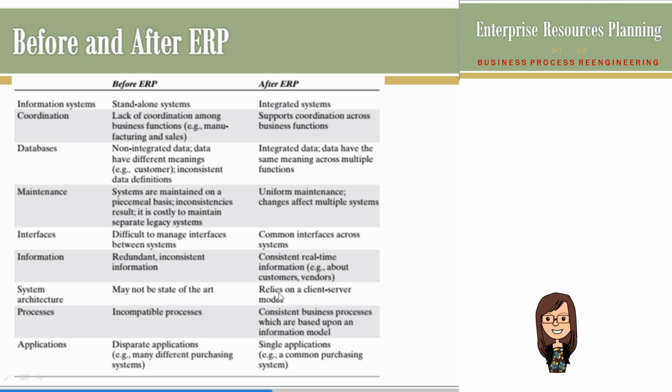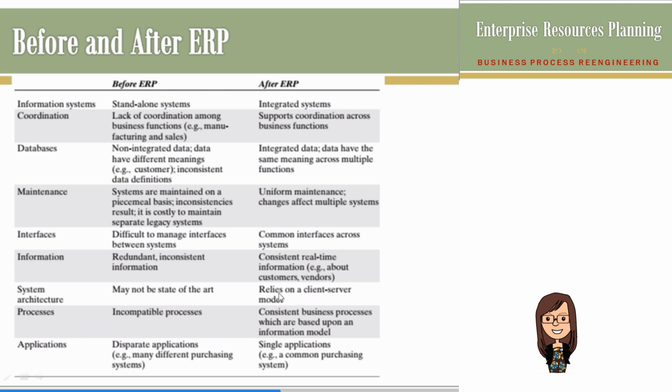And in terms of the process, it becomes consistent, because when we use the integrated system, the whole business process needs to be linked together. Previously, when we only did business process automation and business process improvement, BPA and BPI, they could be done only for each department, only for the small things in the department.